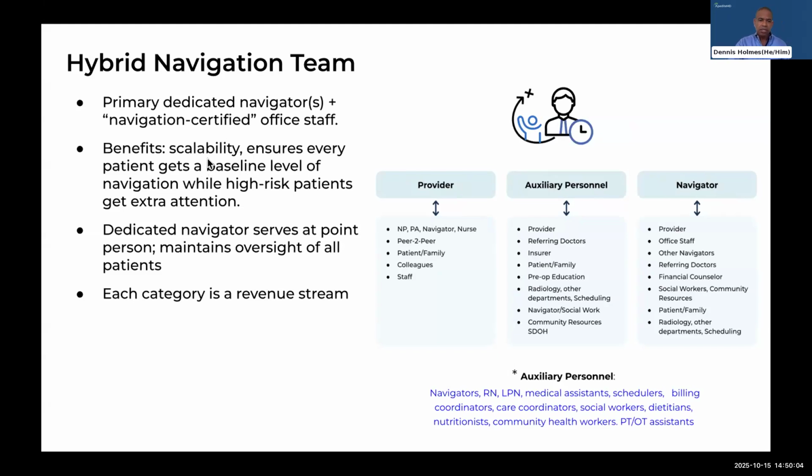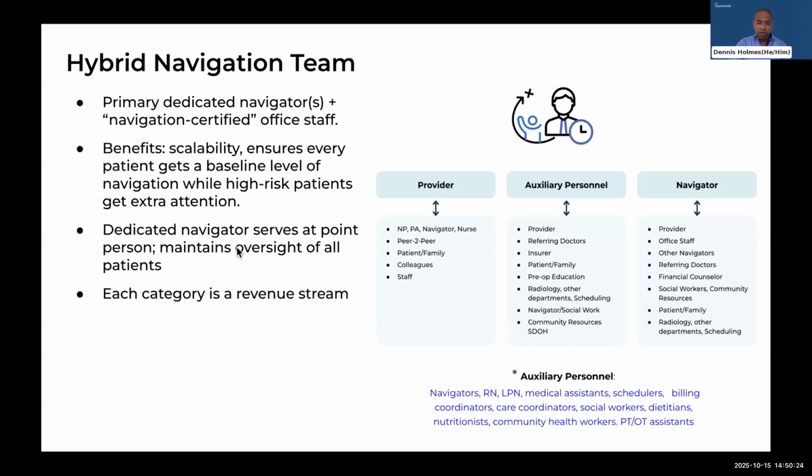The benefit here is scalability. It ensures every patient gets a baseline level of navigation, with also the ability to focus the navigator on patients that require more care, more resources. The dedicated navigator serves as a point of contact, a point person who has oversight into all patients.